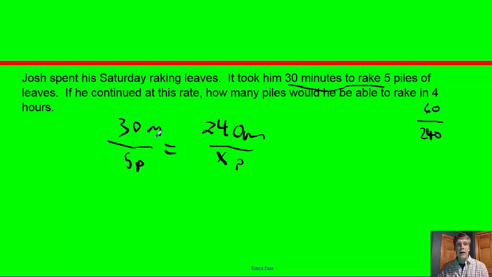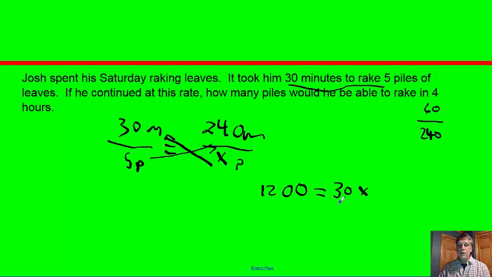Now, use our cross products. Take 5 times 240, and I want to set that equal to X times 30. So 5 times 240. You got a 0, 20, carry my 2, I got 10, I got 1200. And that's going to equal X times 30.